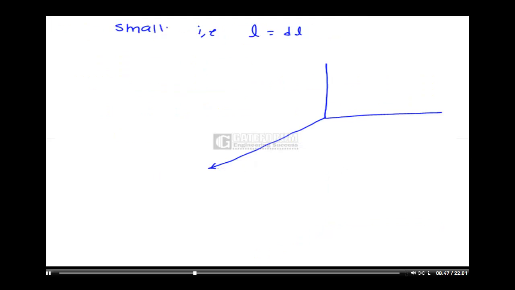This is the x-axis, this is the y-axis, this is the z-axis. This is a small length of Hertzian dipole carrying a current I. The length is dl.